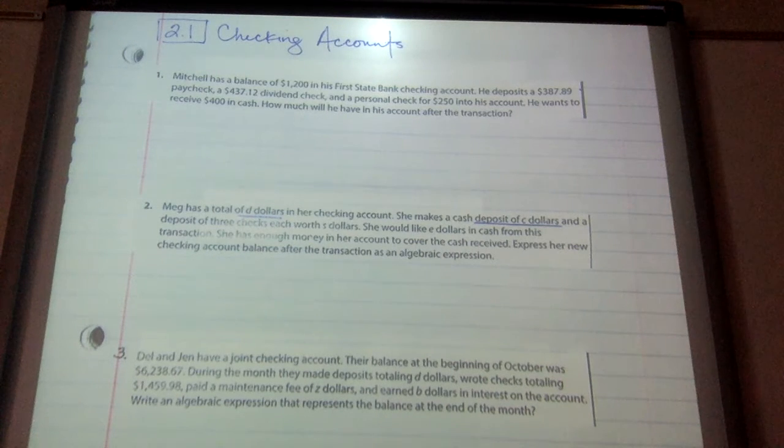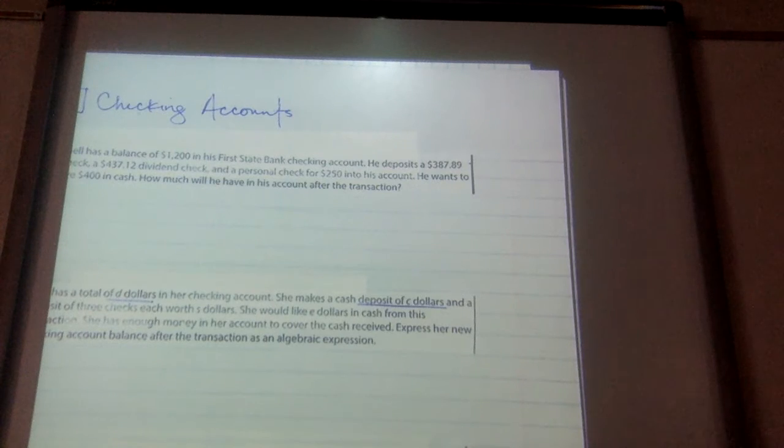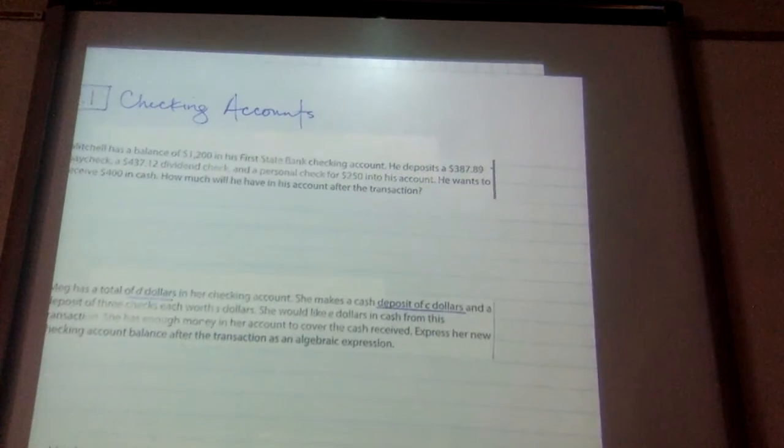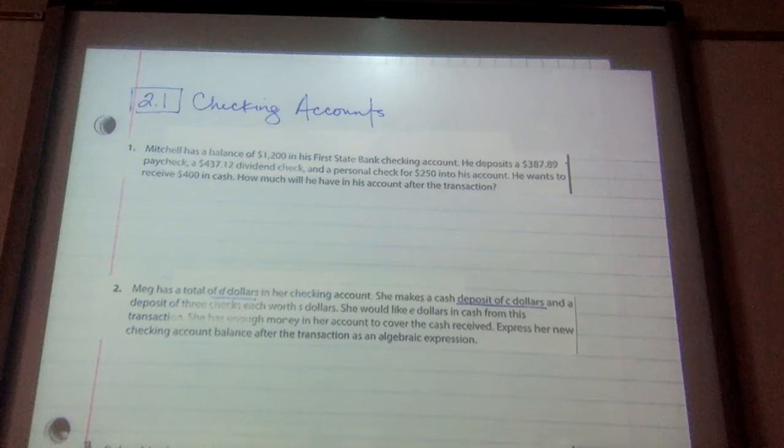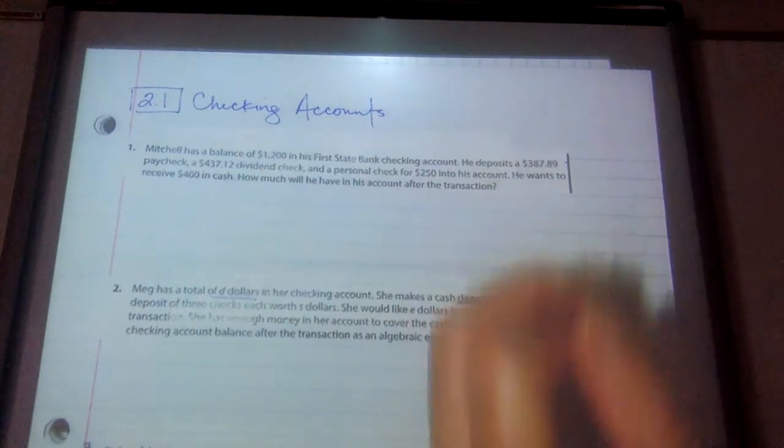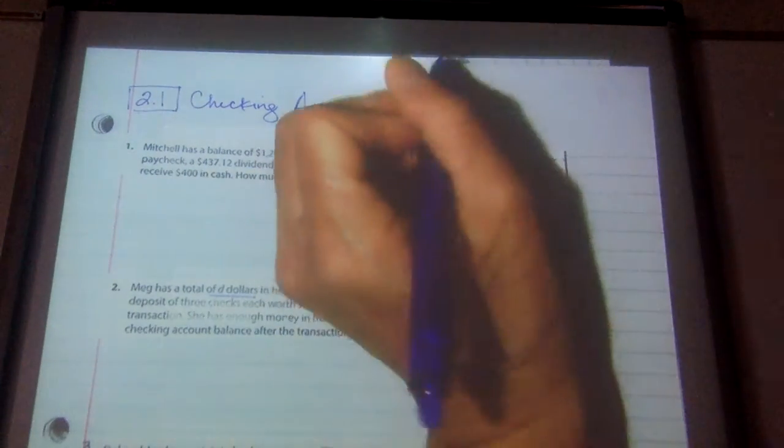So this section is on personal banking and it starts with checking accounts. Now hopefully we're familiar with at least what a checking account is, and I'm sure all your parents have one, probably even a savings account. But in a checking account, we have pluses and minuses, right?